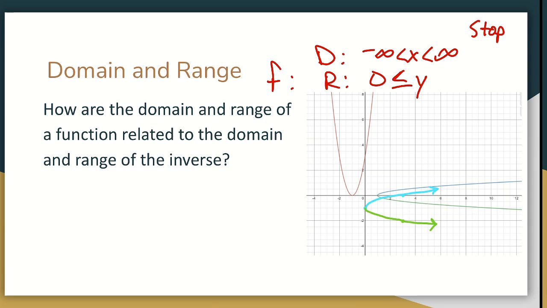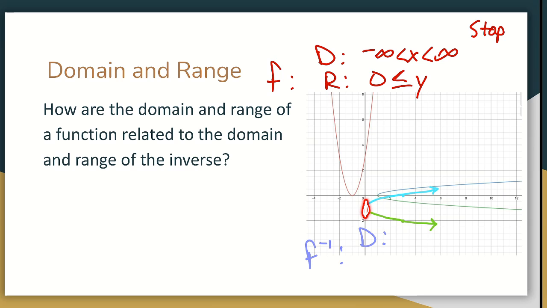Now, when we think of the other graph down here, it's not a function, but it's the inverse of the original function. Again, it's sloppy math, so I want you to be aware of that. F inverse, we're calling it the inverse. The domain, well, what x values are possible?